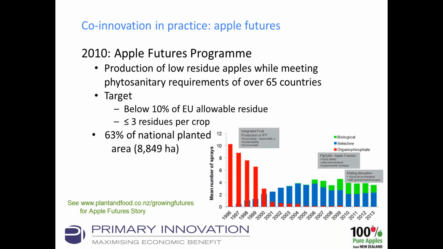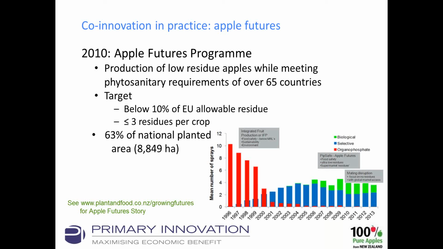So after 4 years of testing things and implementing things and figuring out how to create these ultra-low residue apples, they actually managed to do that. And at that point in time, 63% of our national area planted with apples was planted with low residue apples, or had a low residue approach, and met their phytosanitary requirements as well.